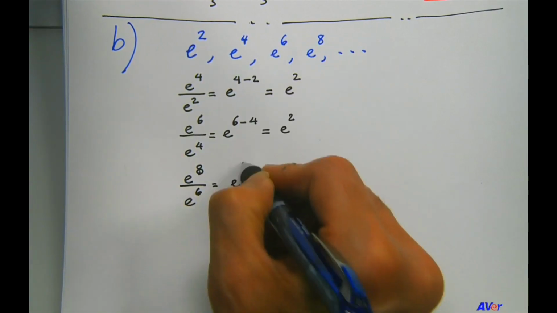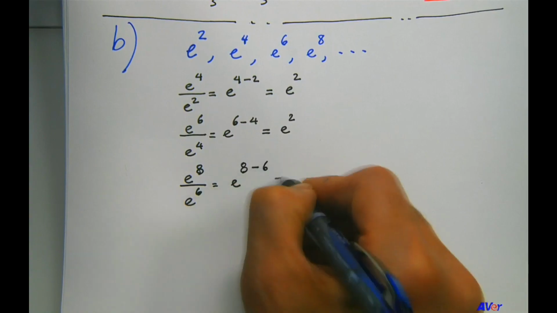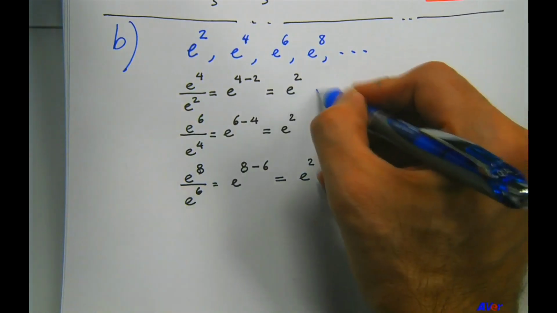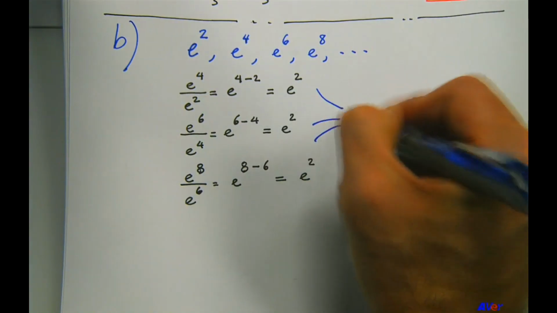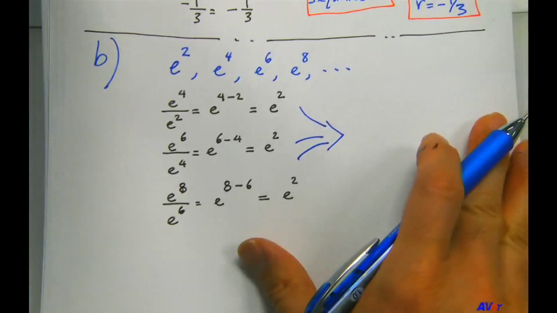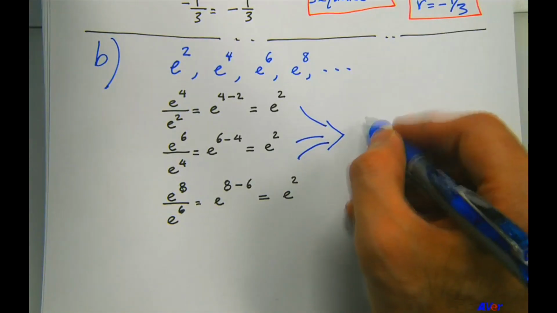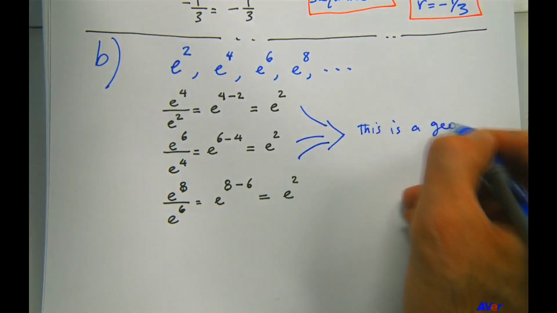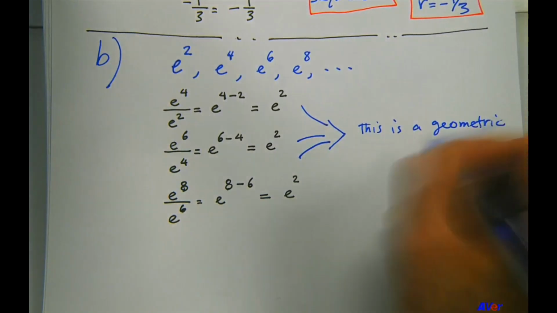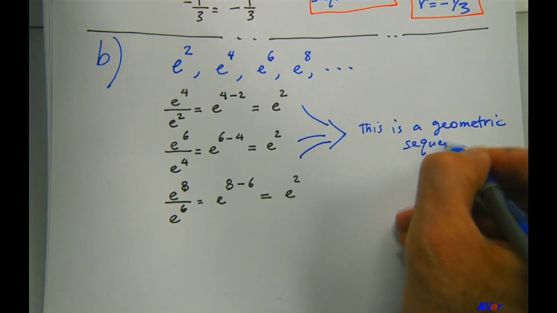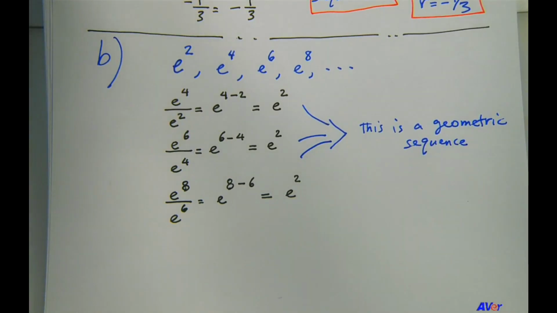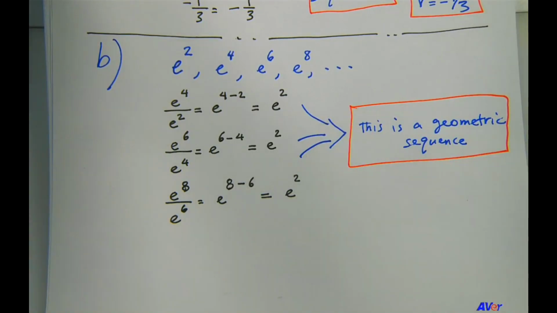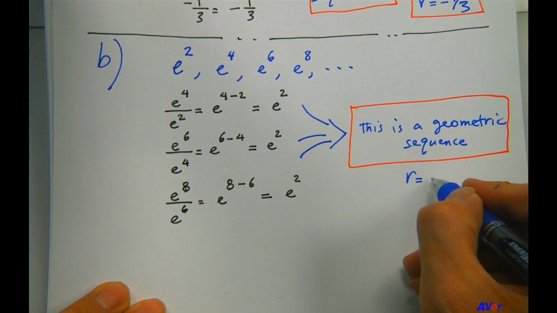So this will be e to the 8 minus 6, which is equal to e squared. So indeed, once again, we have a geometric sequence, and R is e squared.